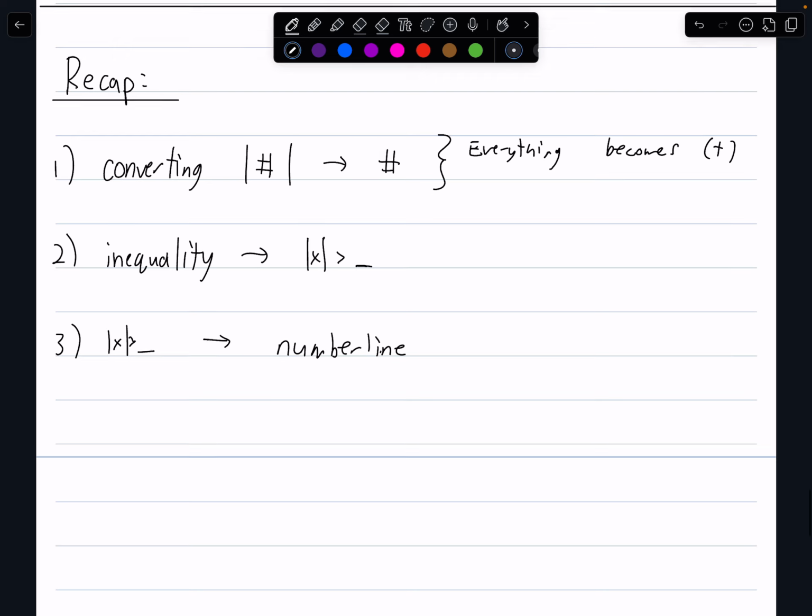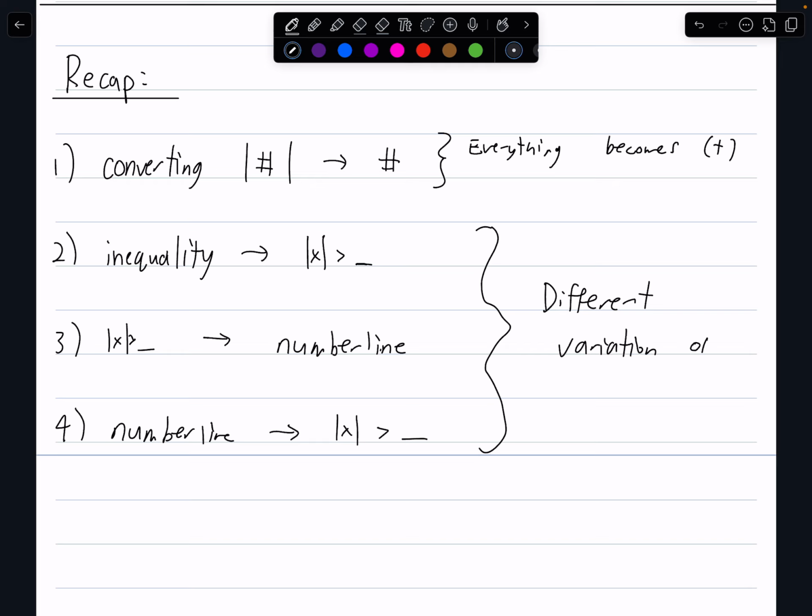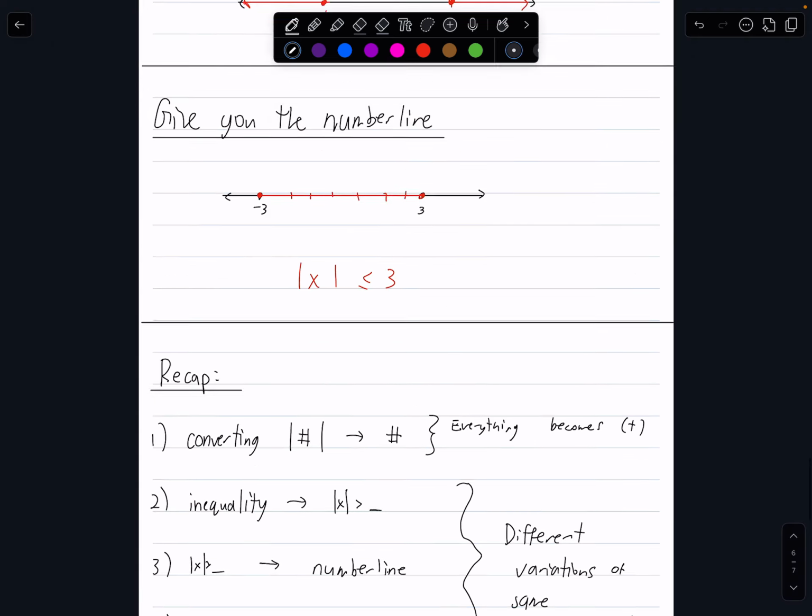Okay? The fourth thing, they can give you the number line and they want you to give me the inequality. So you see how all of these are just different variations of the same question.